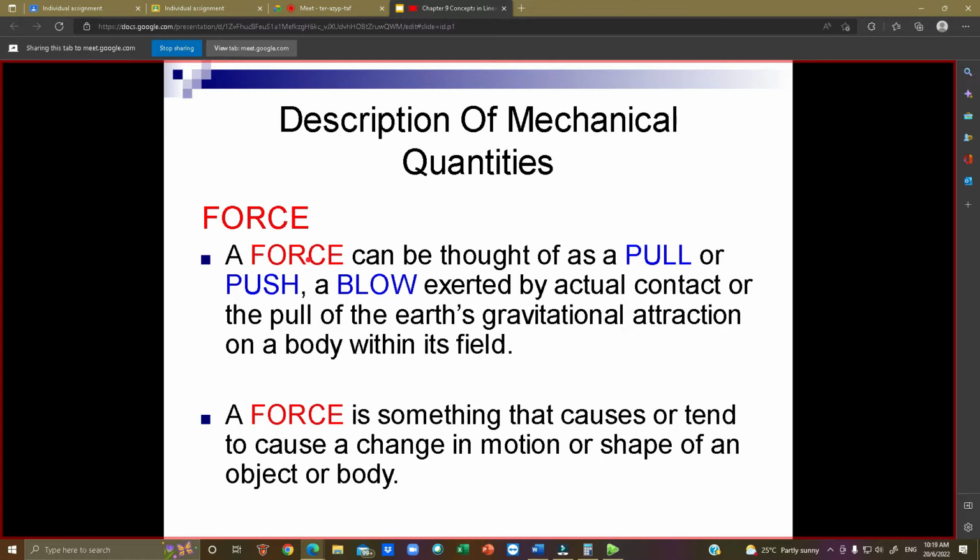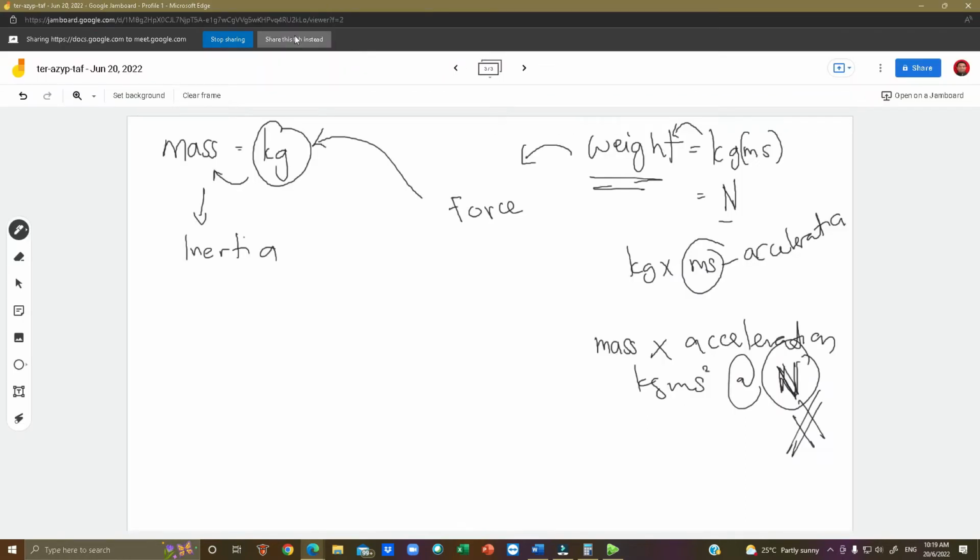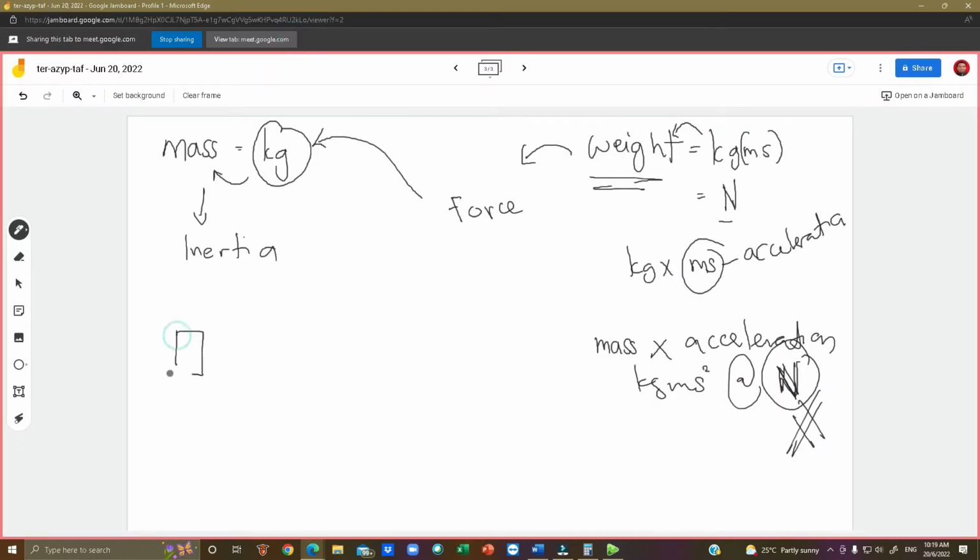It will change. Let's say the thing is here. Okay. The thing is here, A, and you push. Dia berubah tempat. So this pushing action is force. If dia dekat A, and then you pull, tarik dia ke bawah, berubah tempat.